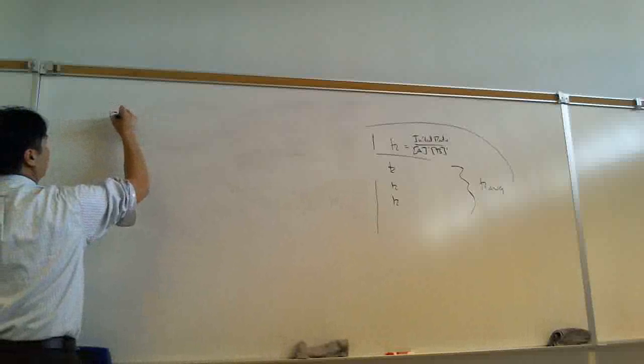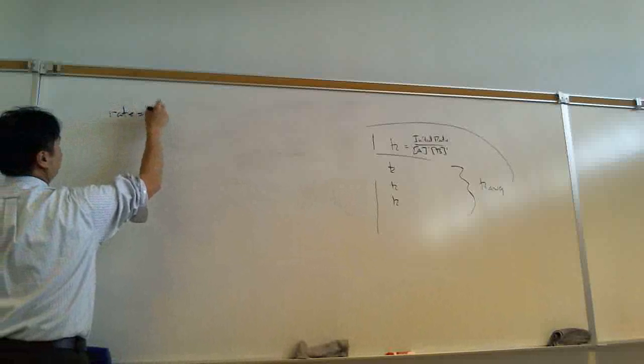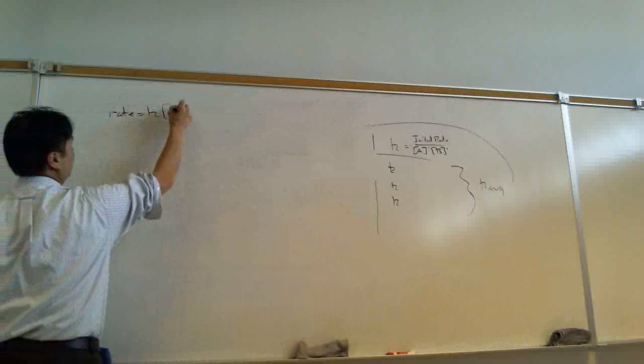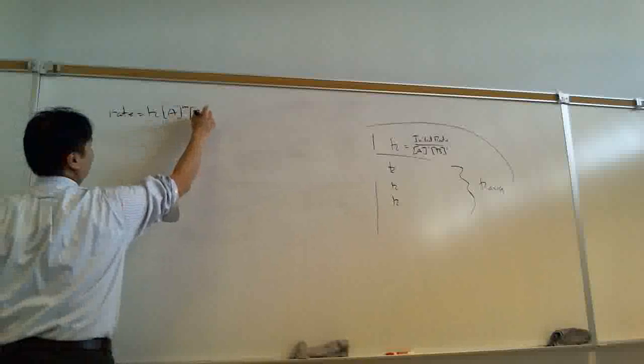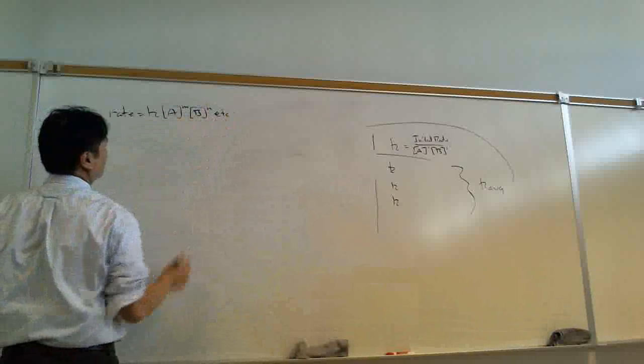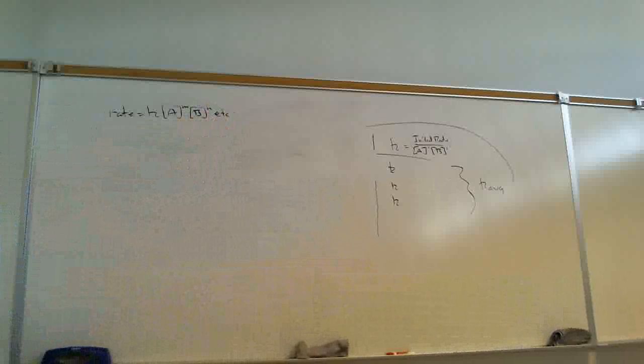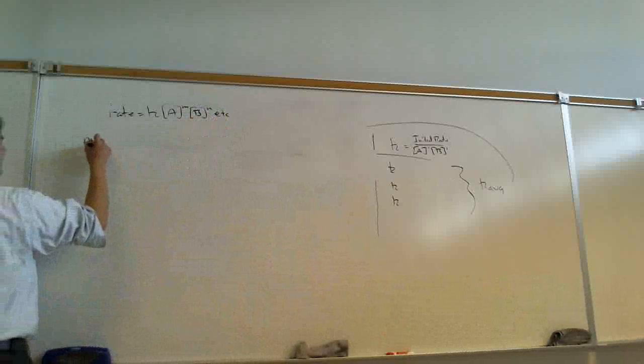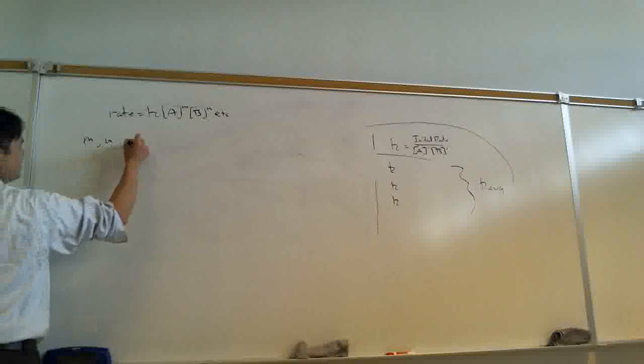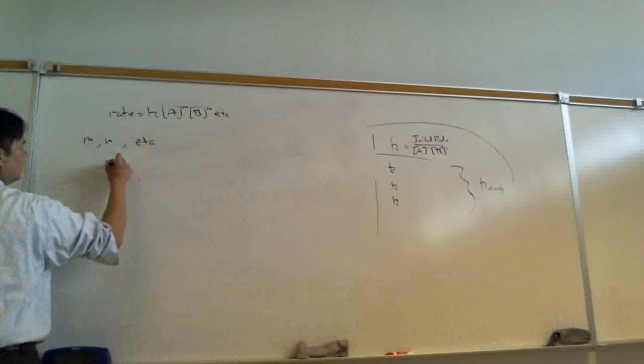All right, so we have a generic rate law. Rate is equal to k[A] to the m, [B] to the n, etc. m, n, etc. This is the molecularity.